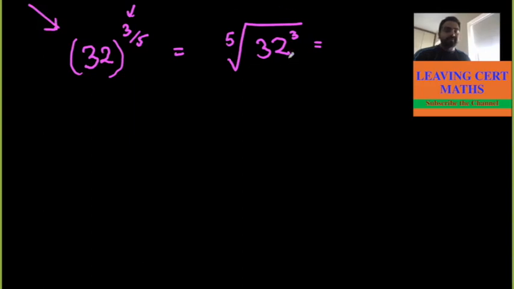Okay, so what you're saying is 32, this 3 will come here and this is 5. But you can't solve this without using a calculator, right? So I want you to solve this without using a calculator.